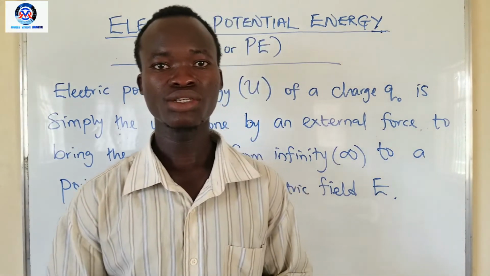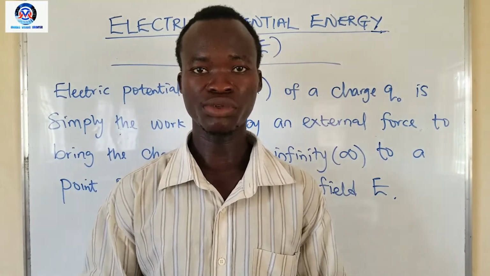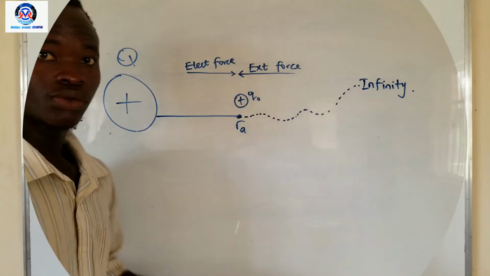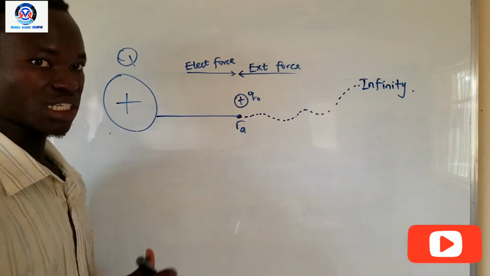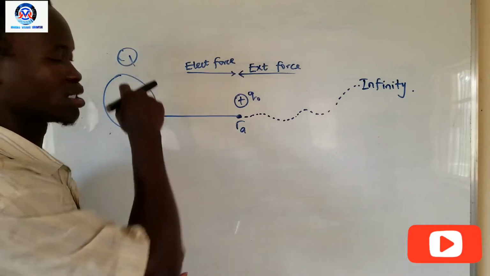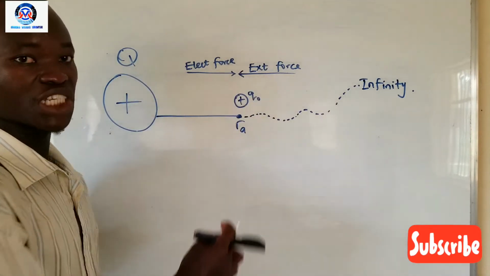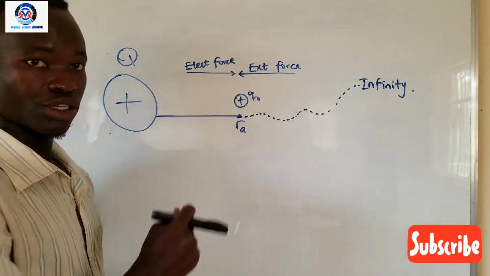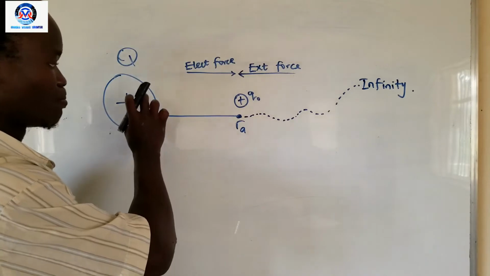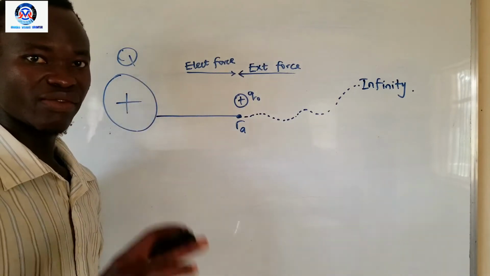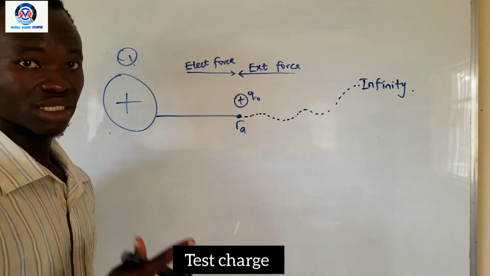Let's consider some illustration to understand the concept of electric potential energy. Now, let's consider the figure on the board. We have the big positive charge, which we denote as the capital Q, and we have the small positive charge, which we denote as the small Q naught. So the big positive charge, we call it the reference charge, and the small positive charge, we call it the test charge.